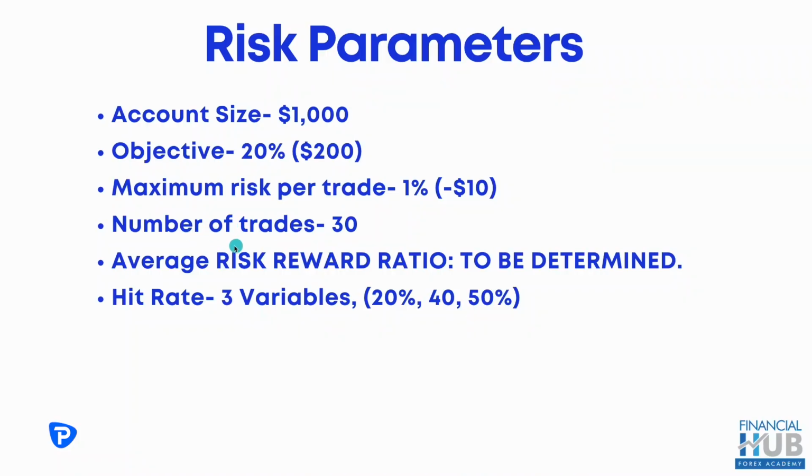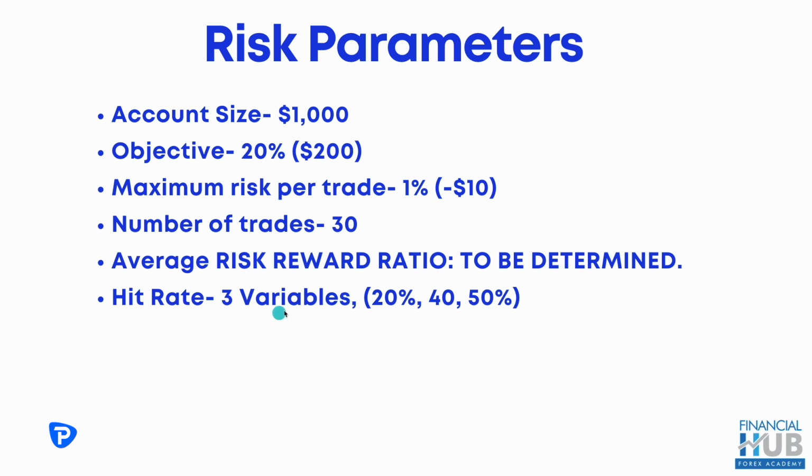Number of trades. So for the first scenario, we'll be looking for the average risk reward. So we have the number of trades, but also for the second part of it, we will have the risk reward ratio, but now we won't have the number of trades. So we'll be doing those two a bit differently. Also for risk reward ratios, we will be using 3 variables.